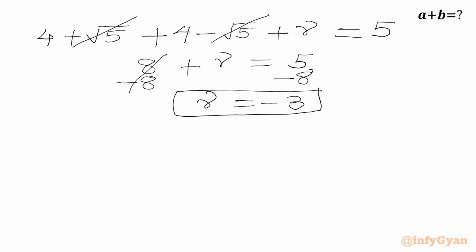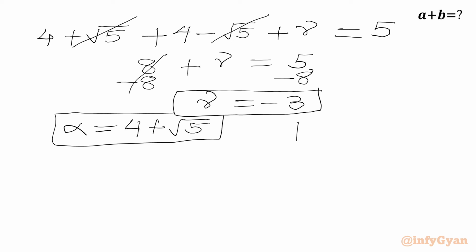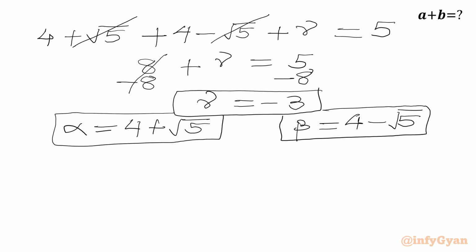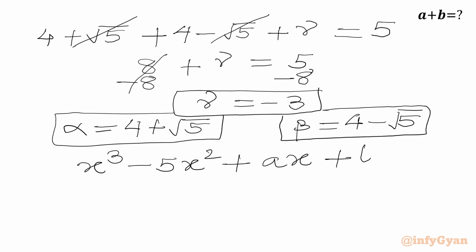Now we have all three roots known. Alpha is equal to 4 plus root 5. Beta is equal to 4 minus root 5. And gamma is minus 3. Now we have to write our cubic equation x cube minus 5x square plus ax plus b equal to 0.